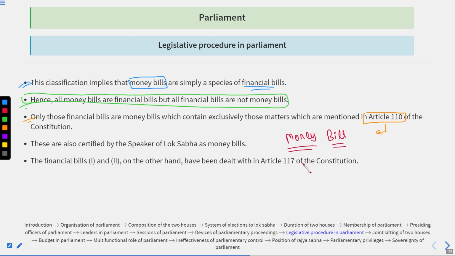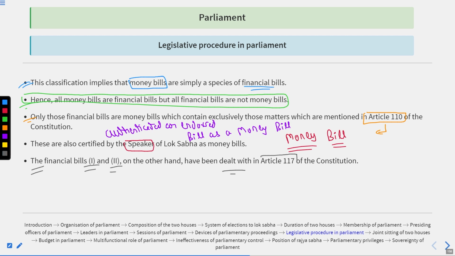They are also certified by the Speaker of the Lok Sabha as money bills, because he is the authority which authenticates or endorses a bill as a money bill. And financial bills 1 and 2, on the other hand, are dealt with under Article 117 of the Constitution. All right, so these are the basis of differentiation.